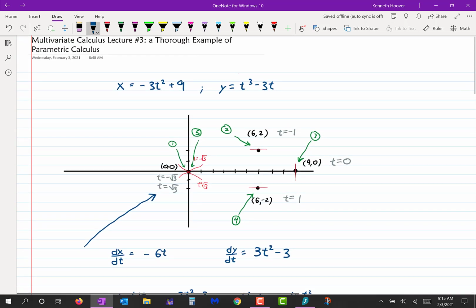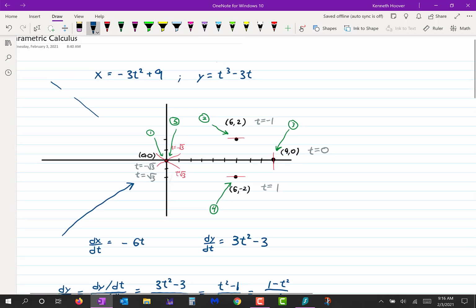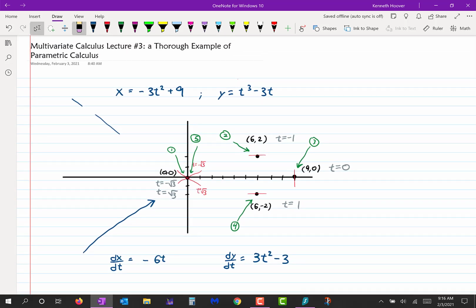What I mean when I say the curve goes to negative infinity, infinity is that after the curve goes through these points that we've marked, it eventually is going to leave the page. Just a second, sorry. Okay, let me fix that. It's going to leave the page going off there.